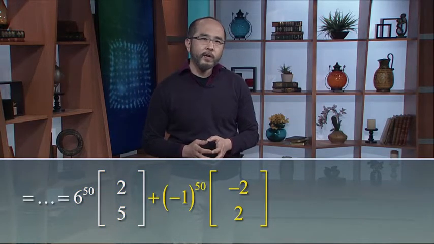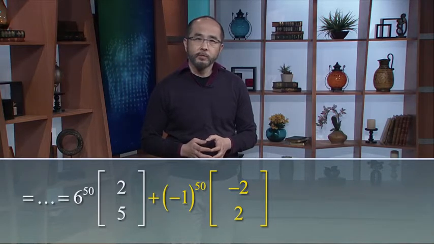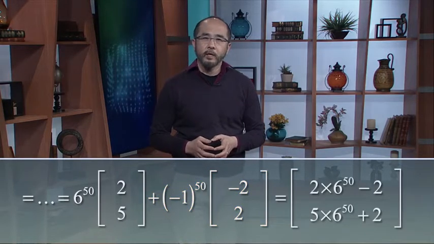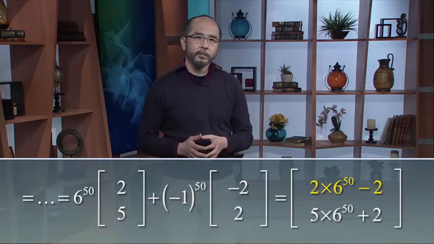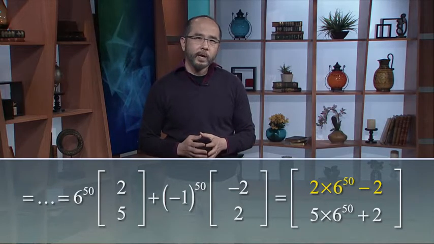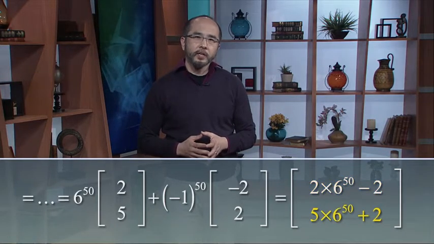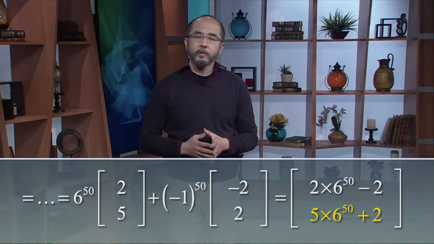And the second part is (-1) to the 50th times (-2, 2). And this shows, in fact, that the sum is a vector with first component 2 times 6 to the 50th minus 2, and the second component is 5 times 6 to the 50th plus 2.